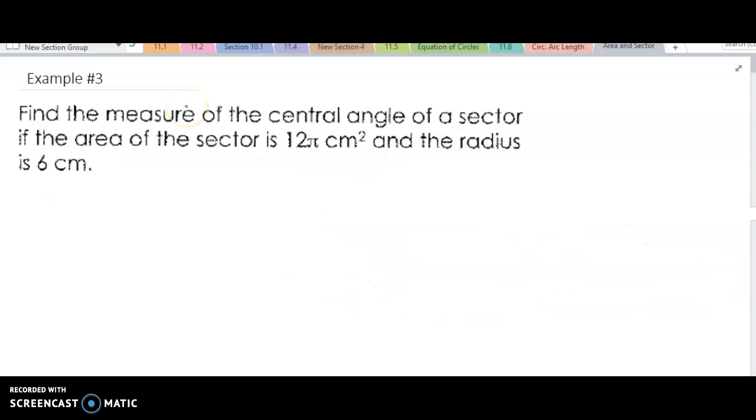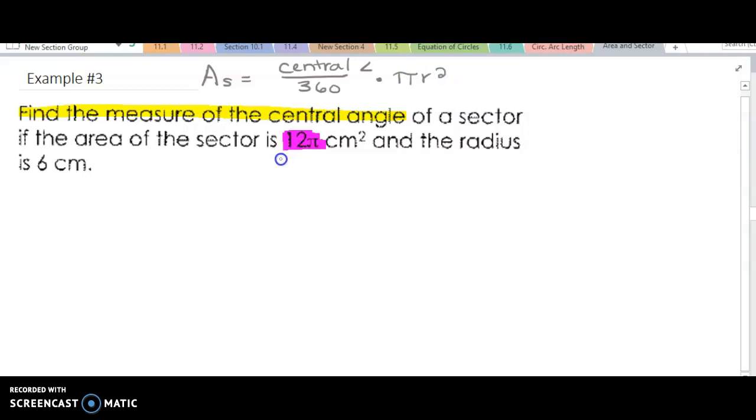All right, so let's look at example 3 now. And in this one, we want to find the measure of the central angle, if the area of the sector is 12 pi. Okay, so I'm going to use the same formula, area of sector equals central angle, or arc measure, it's the same thing, over 360 times pi r squared.